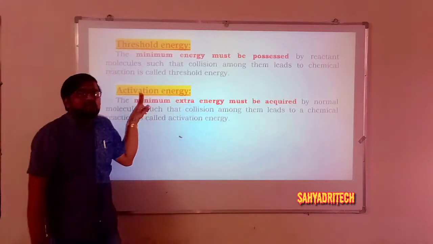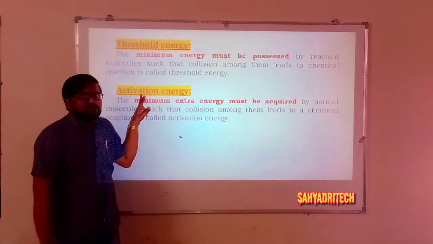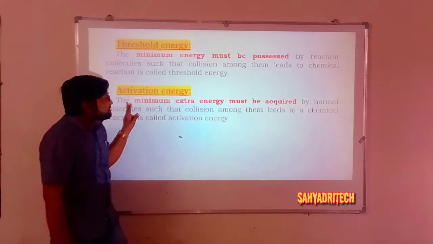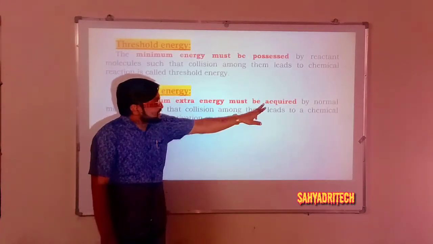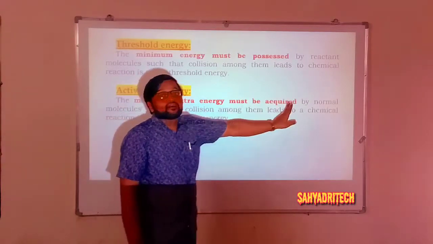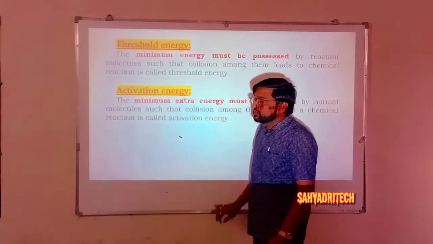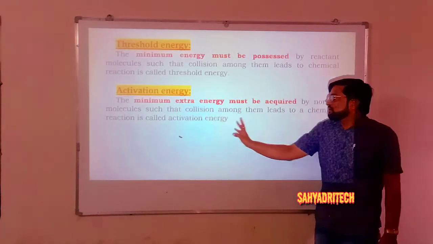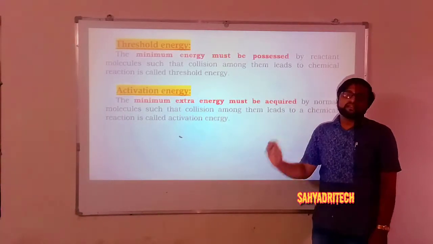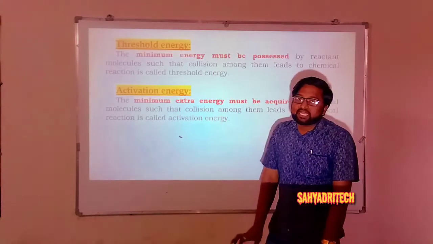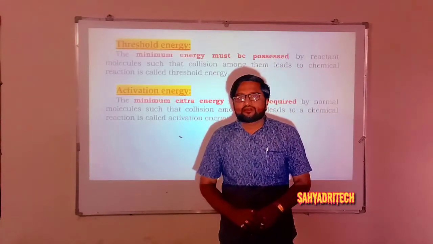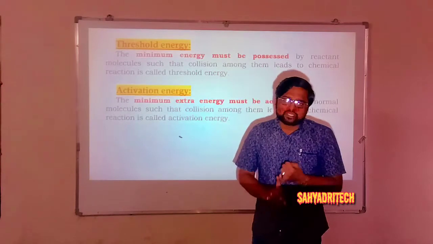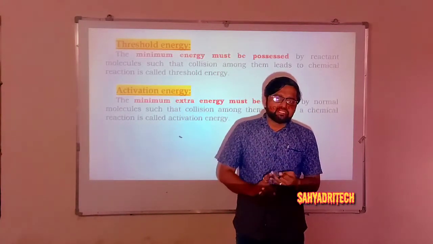It is called activation energy. So how are we defining it? The minimum extra energy that must be acquired by normal molecules, such that collision among them leads to a chemical reaction, is called activation energy. So two energy forms: threshold energy and activation energy.